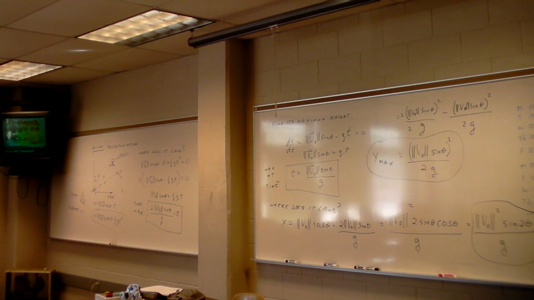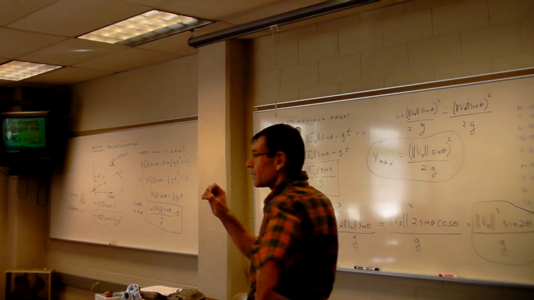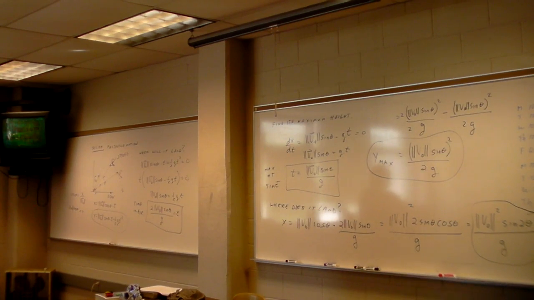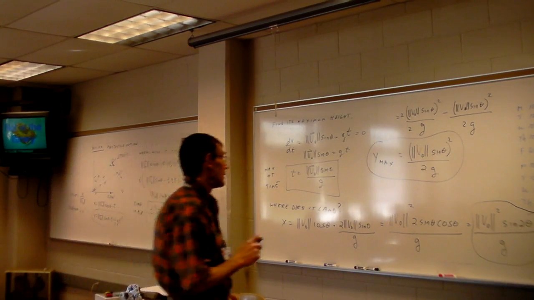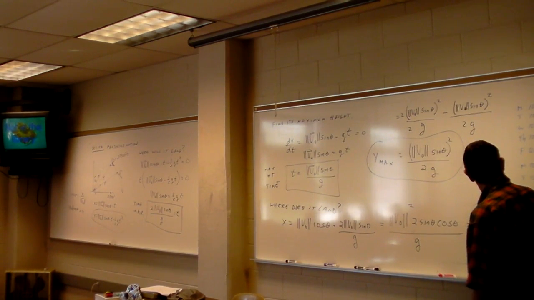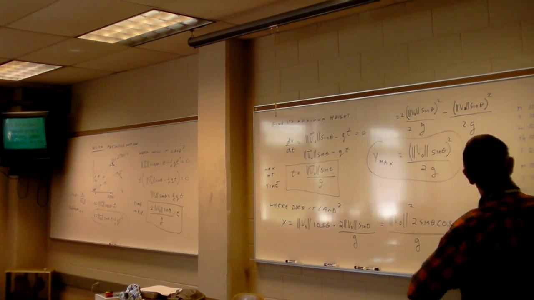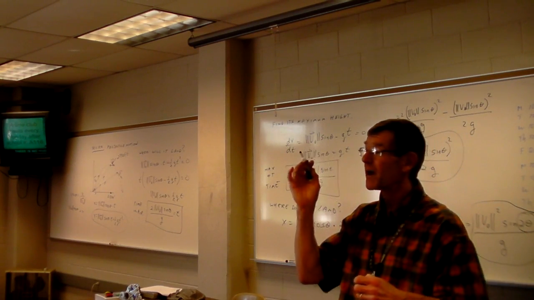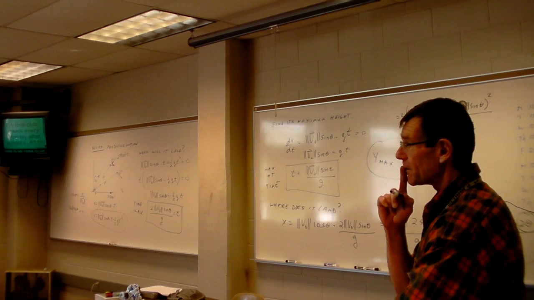All right, now, when you have a sine function, the largest the sine can ever be is 1. And when is it going to be 1? When the angle is pi over 2, right? 90 degrees? So you want this to be pi over 2, because that would give you your maximum value for sine.